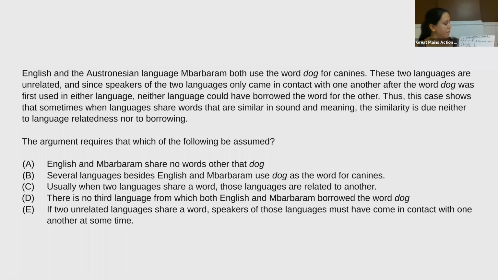We need more information to go from this specific instance of not borrowing to not borrowing from any. So we need to say that there's no other language from which the word is borrowed. All right, and then E. Let's look at the last one. If two unrelated languages share a word, speakers of those languages must have come in contact with one another at some time. Again, not related to the conclusion. Answer is D.